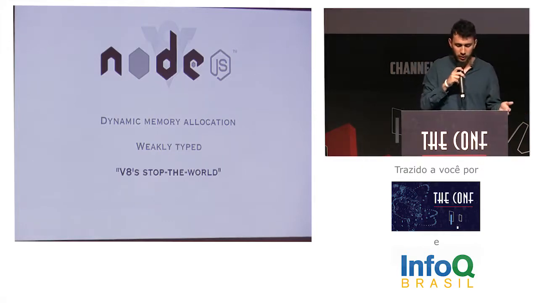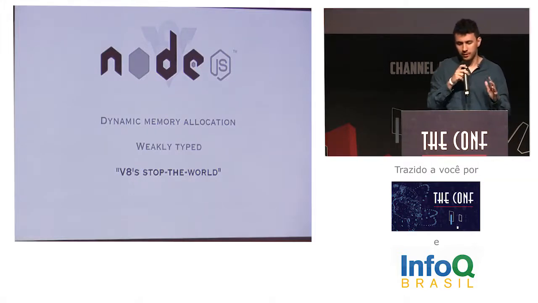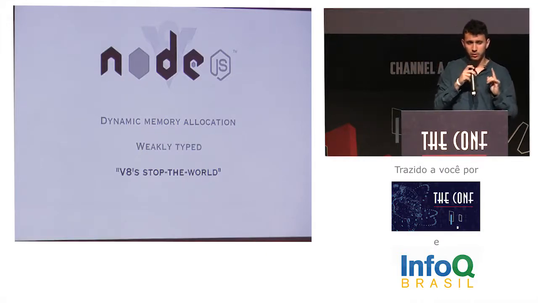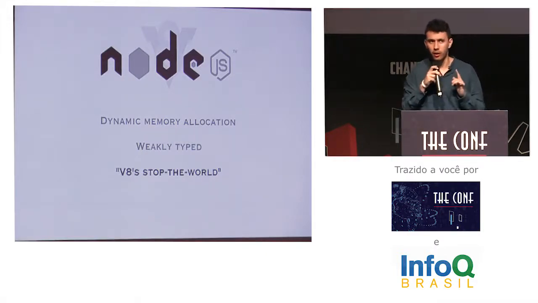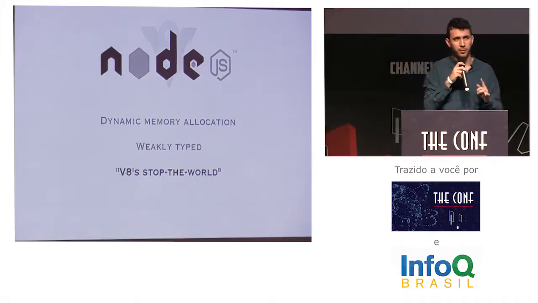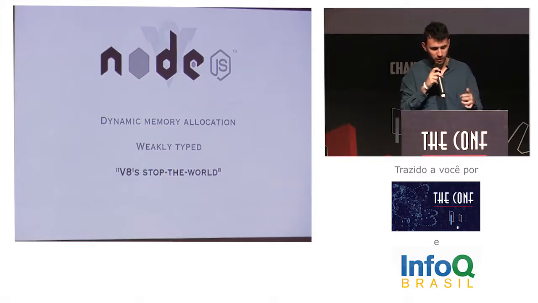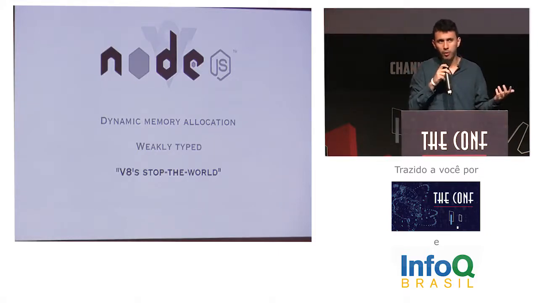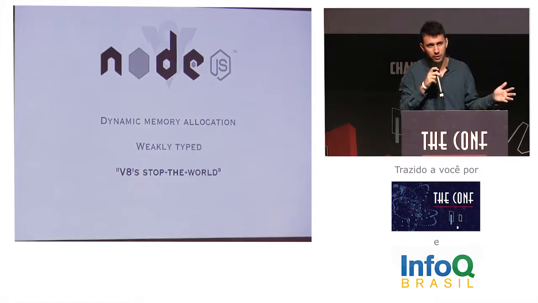Its name is stop-the-world in V8. This is specifically a V8 characteristic, which stops the program however long it takes to scan the entire memory heap. So it stops the program for, say, a couple of milliseconds, scans, and lets the program resume.